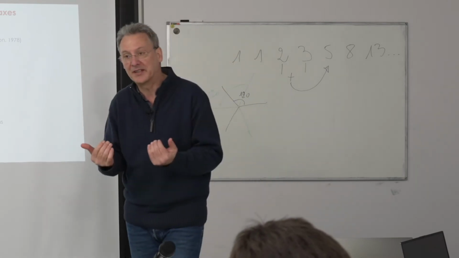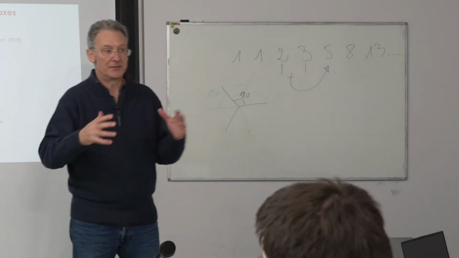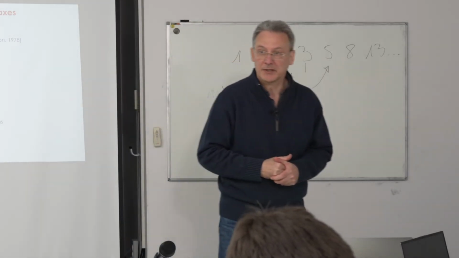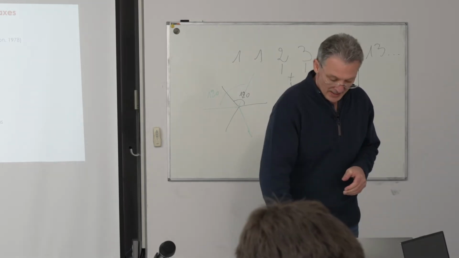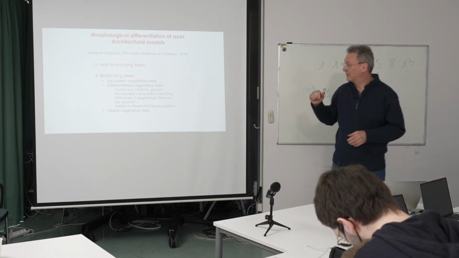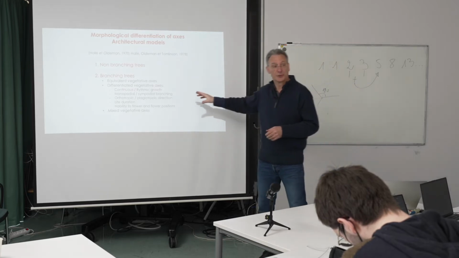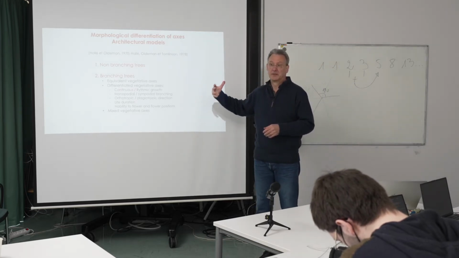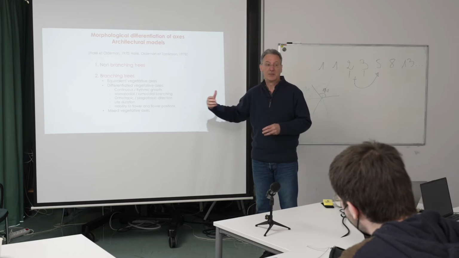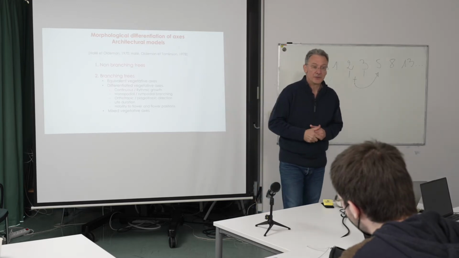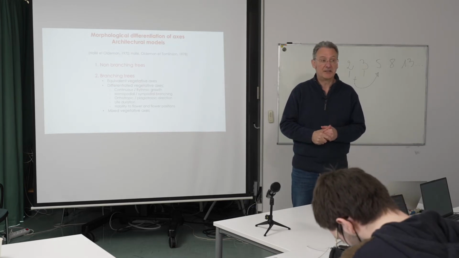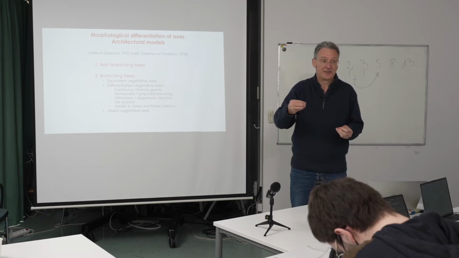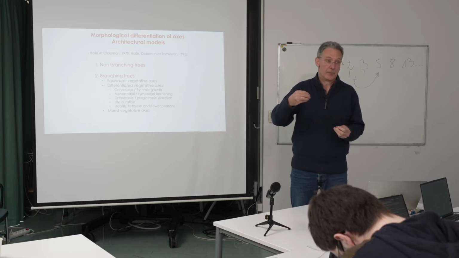Okay, and these ways, they could inventory 20 to 25 different ways, because of course in the details they would change, but at the macroscopic level there would not be so many ways. And what is very striking also is that this was made and observed on trees, but actually this carries to many types of plants very easily, because plants are basically axes that are branched or borne by other axes.